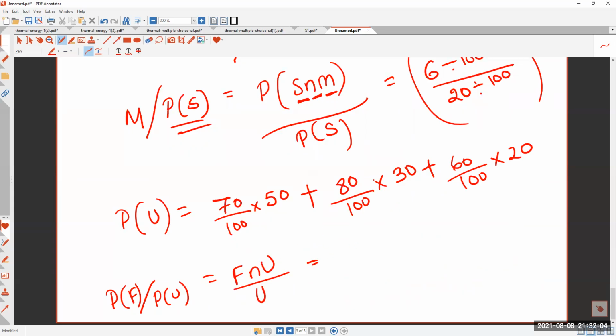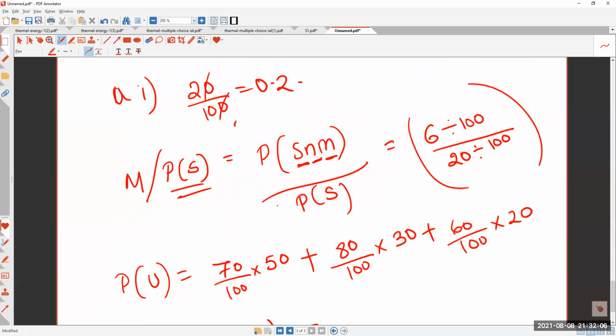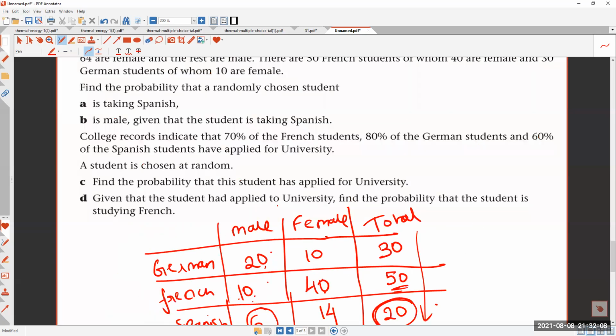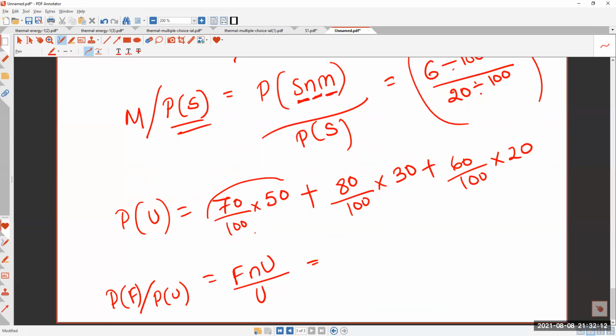French intersection university হচ্ছে French এর percentage, 70 into 50 divided by 100, 35 divided by 100, 0.35.